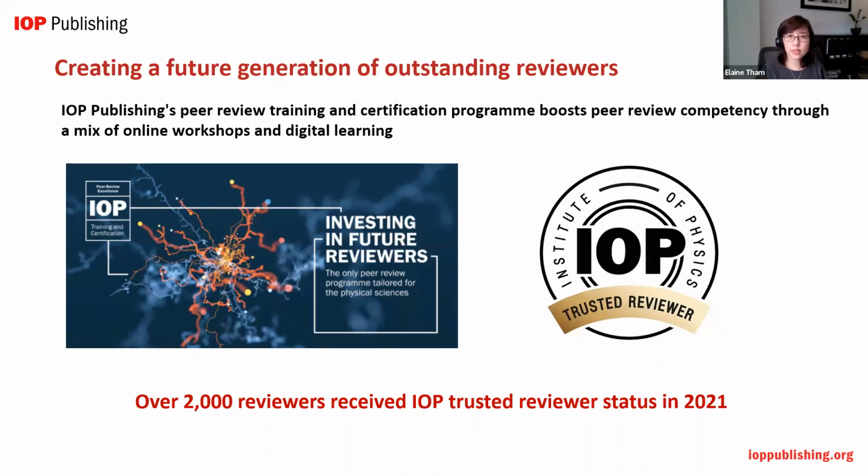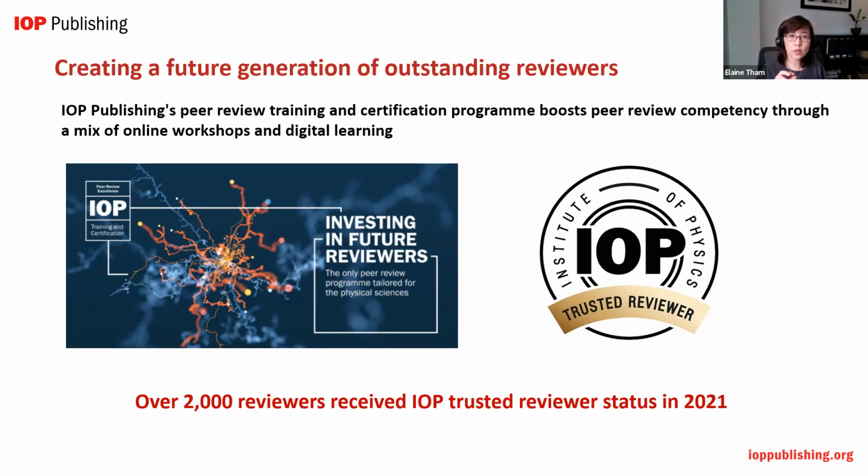At the end of 2020, IOP launched our peer review training and certification program to help bridge this gap, offering a mix of online workshops hosted by experienced reviewers and digital learning for researchers to go through the course in their own time. And this is a comprehensive and rigorously assessed program that's designed to increase the trust in the process and standardize the quality of the peer review across the physical sciences.